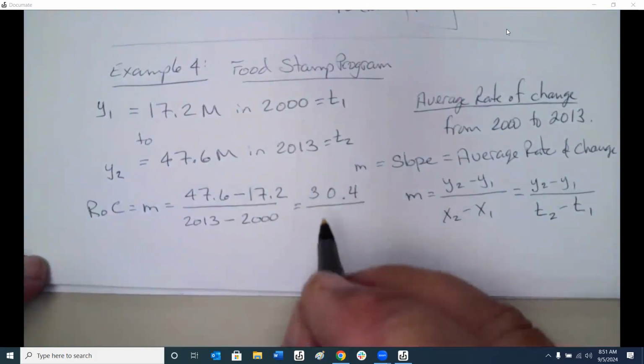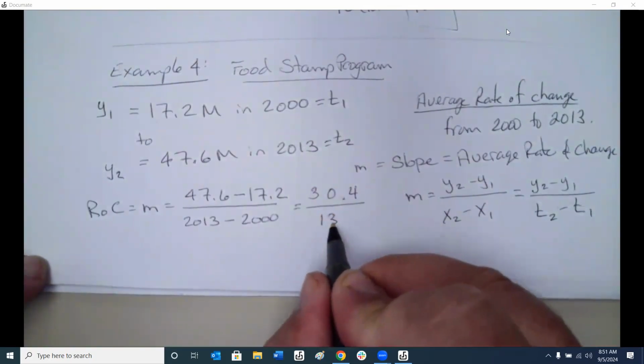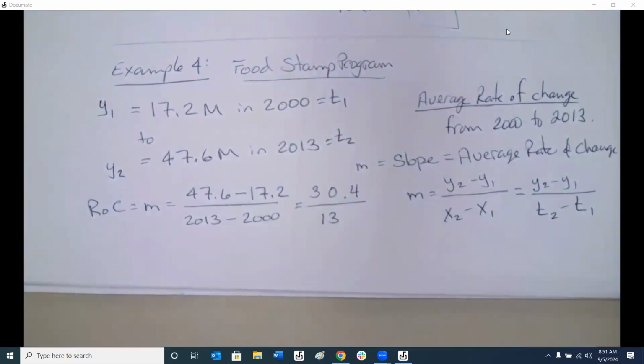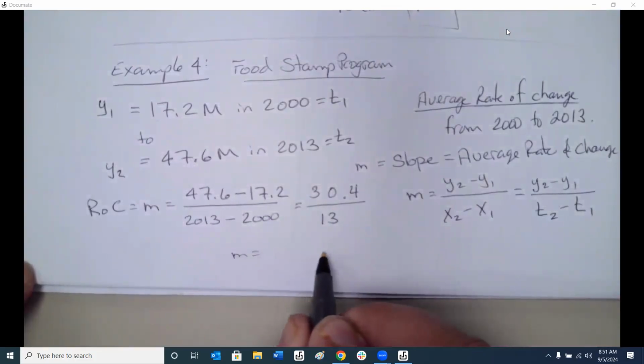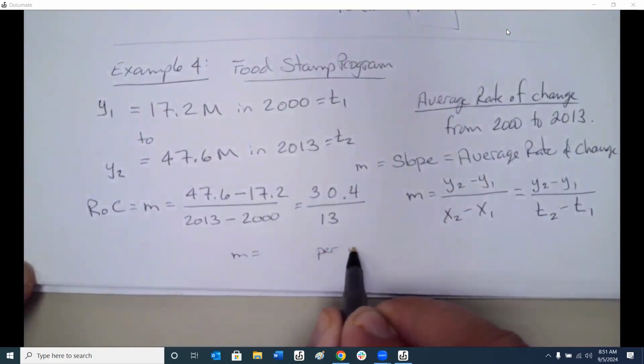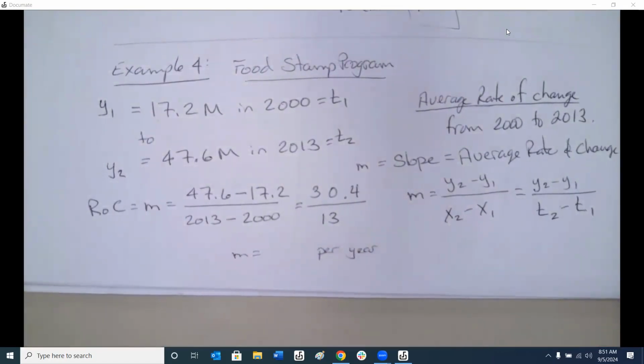So it's 30.4 over 13. And whatever that gives us, that's what the rate of change is. Because what it's going to tell us is the rate of change per year. So over 13 years, it changed 30.4.